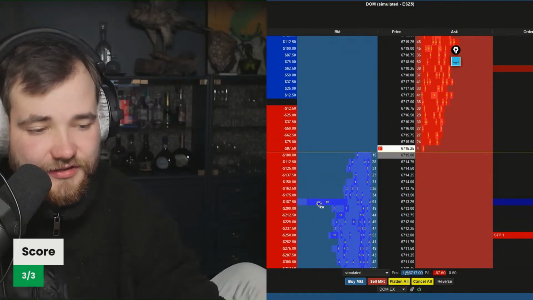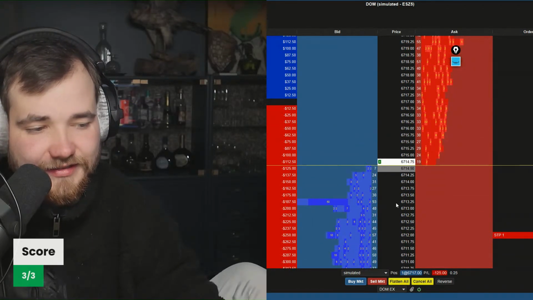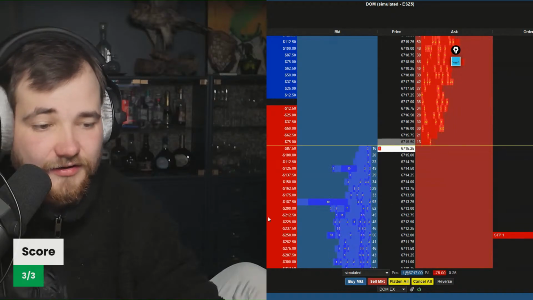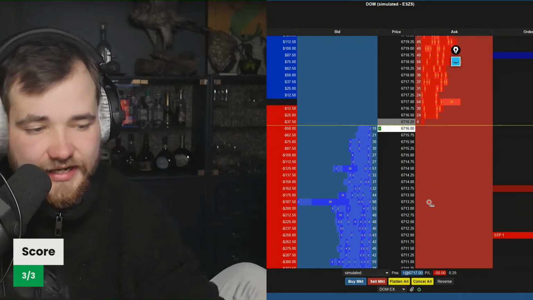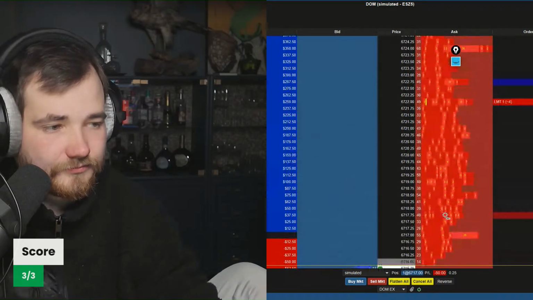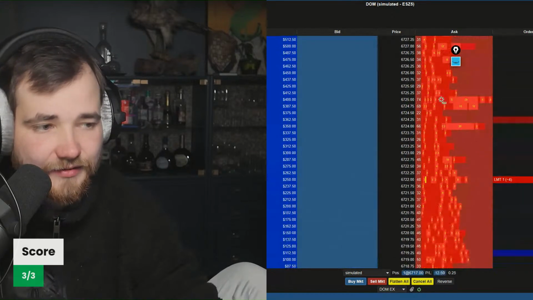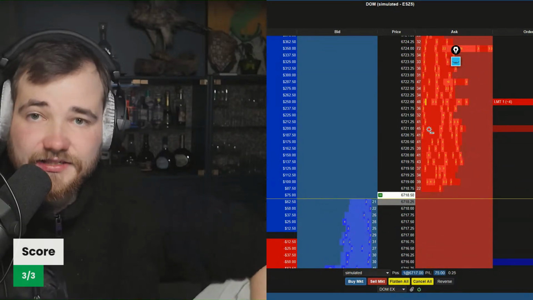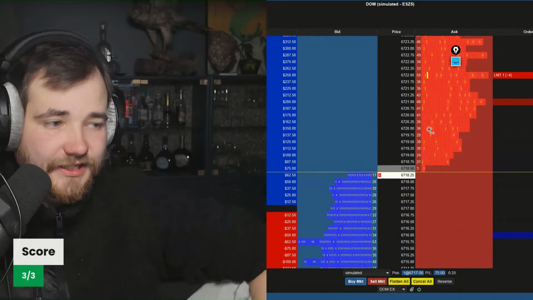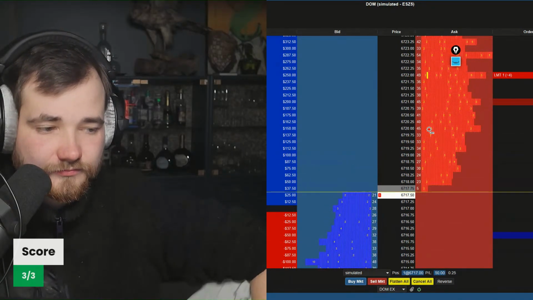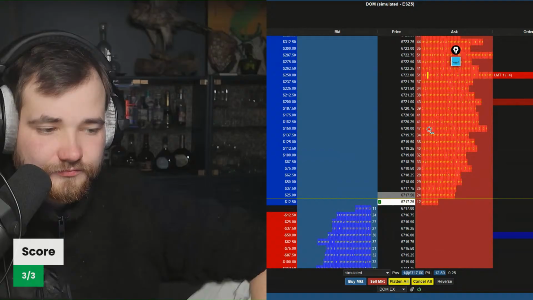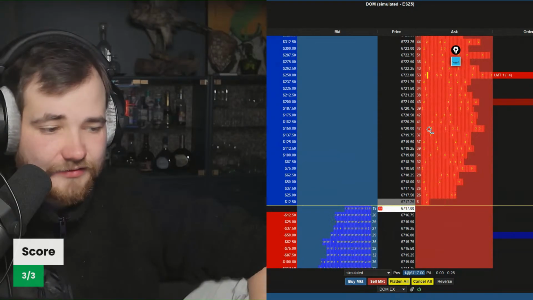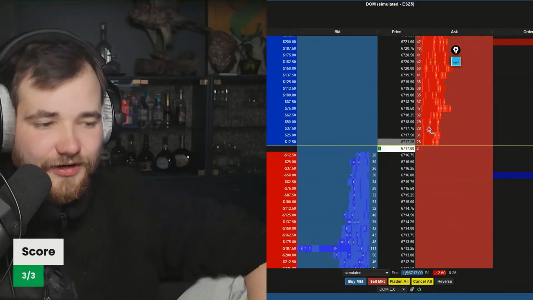And the buyers have a lot of liquidity at this 6, 7, 13 area, which could be a magnet. Sellers don't really have any huge piles of orders on the ask side. Let's see if we can get the goal here. Moving a little bit in favor again, but not really wanting to do it.